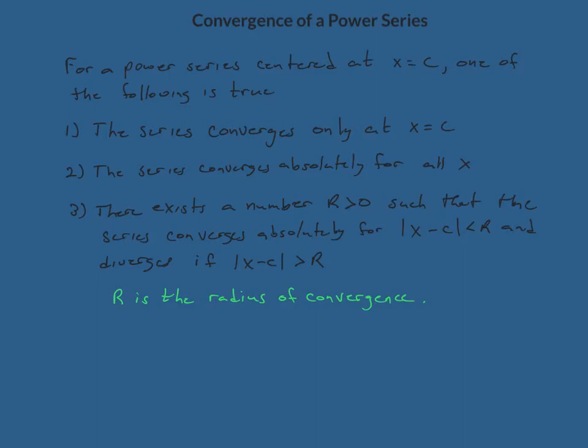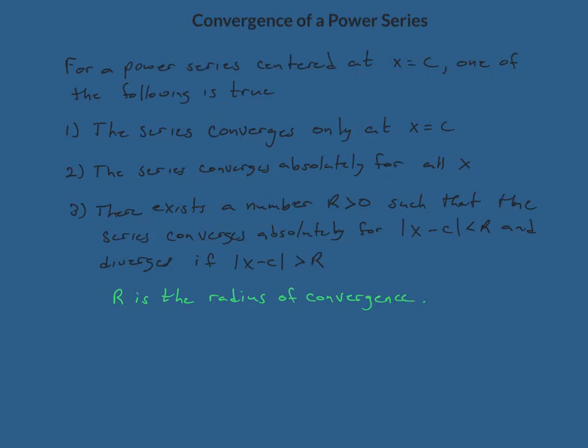Okay. Now one of the things we're going to be asked to do is find an interval of convergence too. So some things to keep in mind on this. Like we said here, the value of r in number 3 is the radius of convergence. In the first two, we do have a radius of convergence as well.